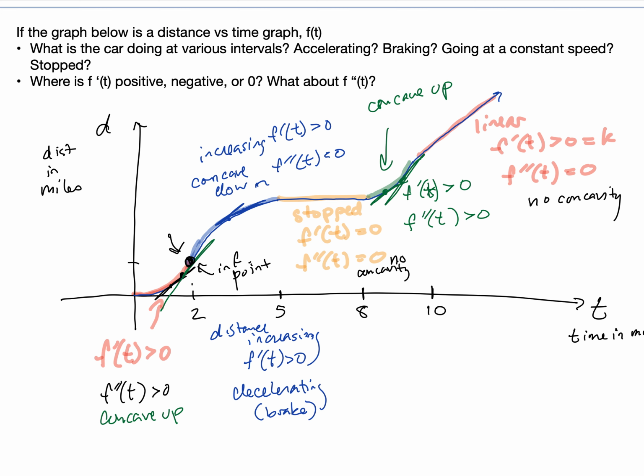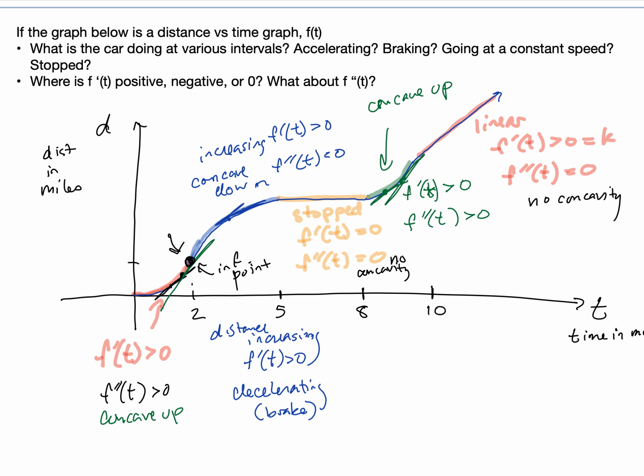There's no other place where, according to our interpretation, we change from a positive to a negative or negative to a positive second derivative. So that one point is our only point of inflection.